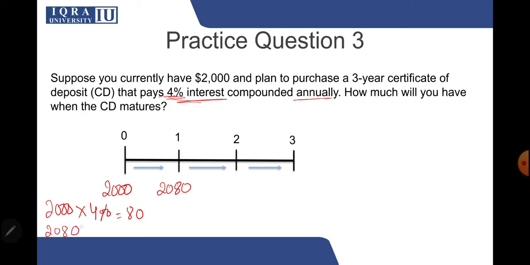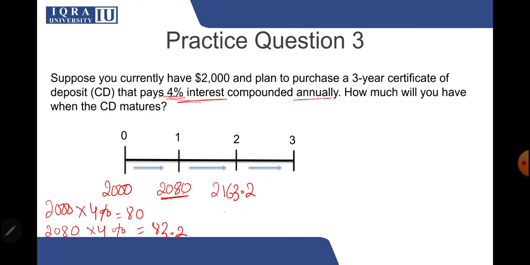Now next year you will get interest on this 2080. So your value after adding the interest, let me first calculate this. This is 83.2. So 2080 plus 83.2 will become 2163.2.